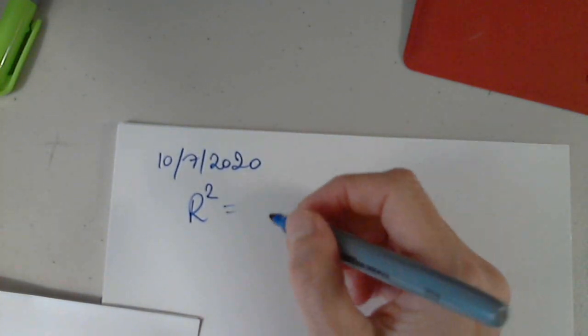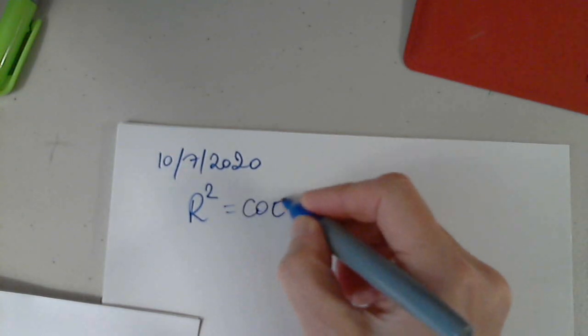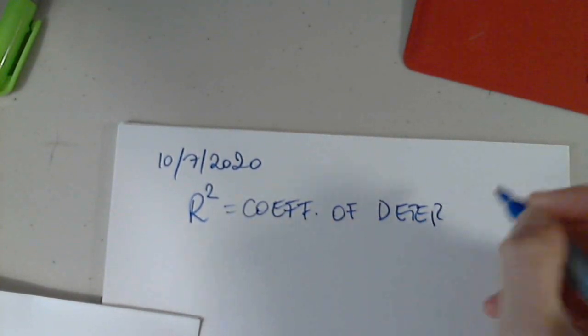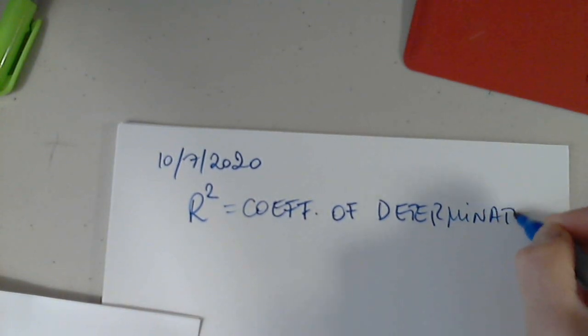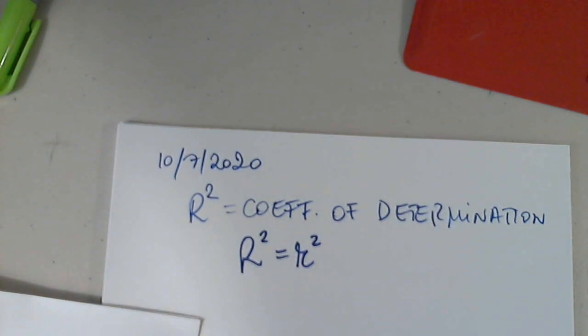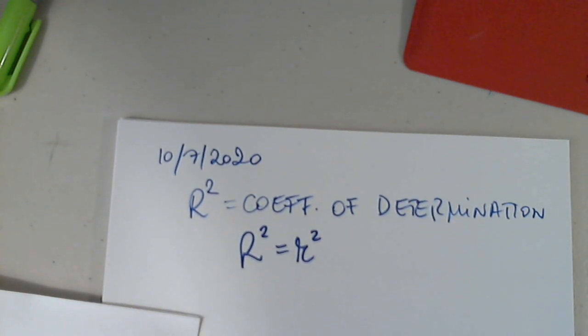So this is the coefficient of determination, and it is nothing else but the correlation coefficient squared.